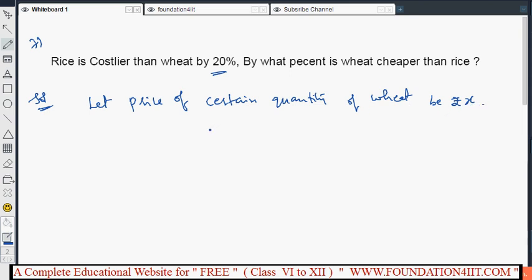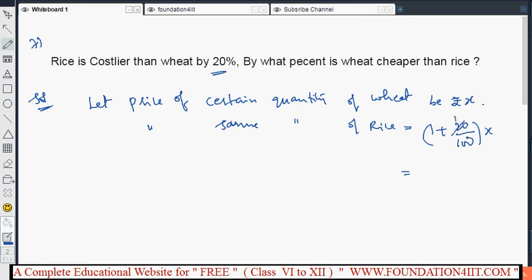Then the price of the same quantity of rice: for wheat being x, rice should be 20% more, that is 1 plus 20 by 100 of x, because according to the given condition rice is 20% costlier than wheat.